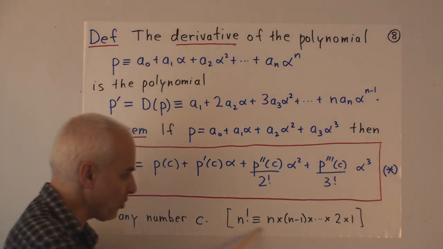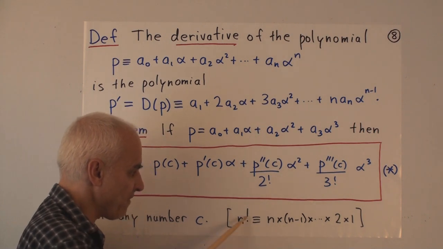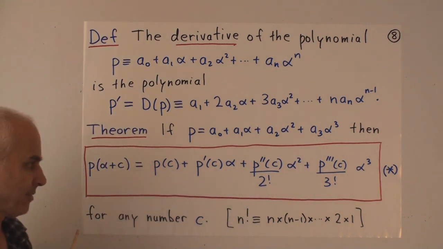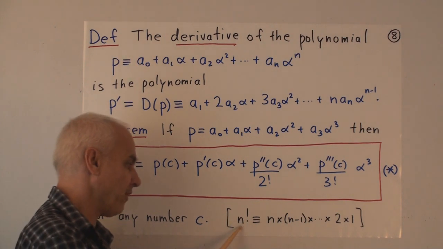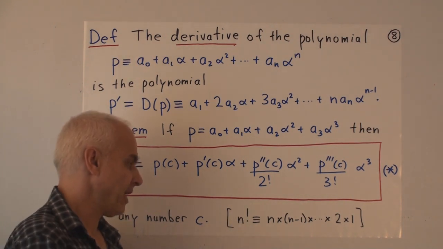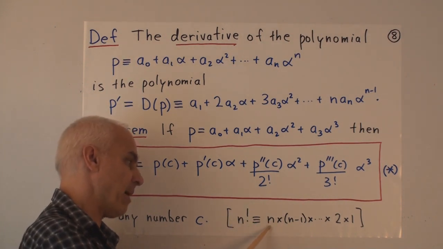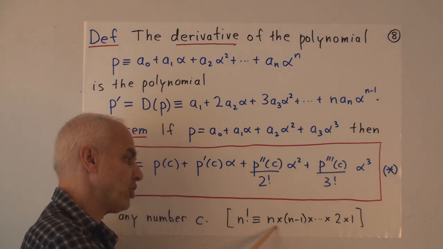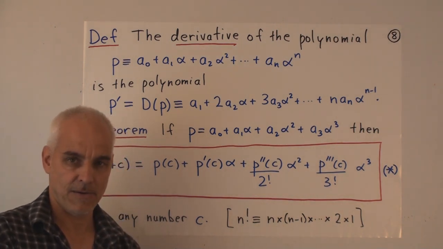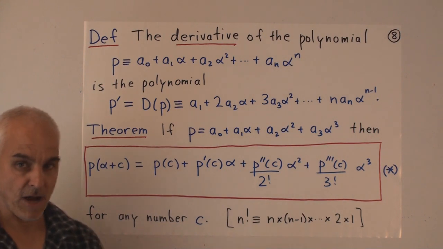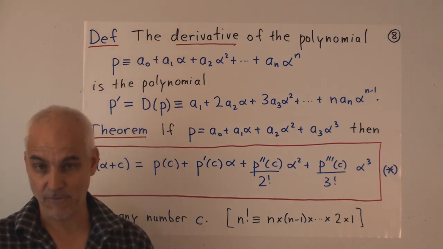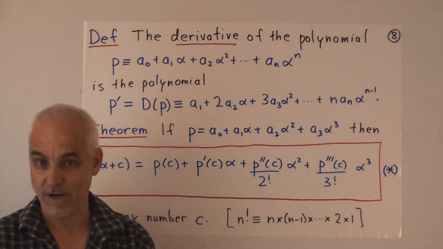And I have to remind you or tell you what this n factorial notation means. So n factorial, if n is a natural number, is by definition the product of all the numbers from 1 up to and including n. So 5 factorial would be 1 times 2 times 3 times 4 times 5, which is 120.